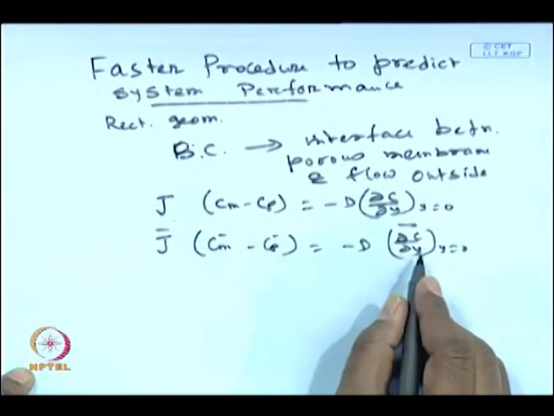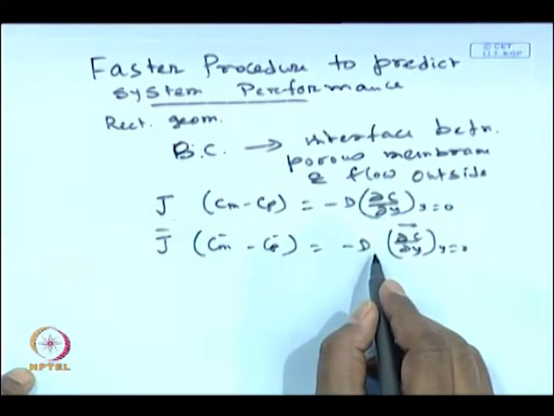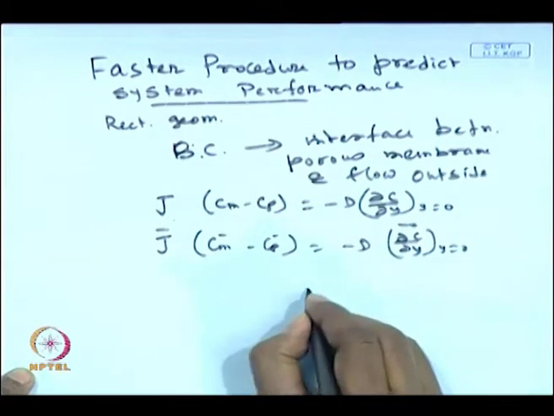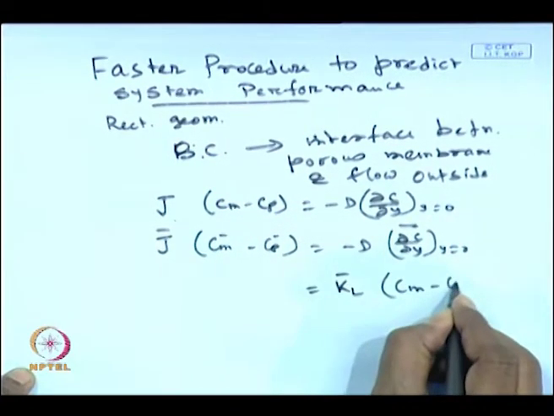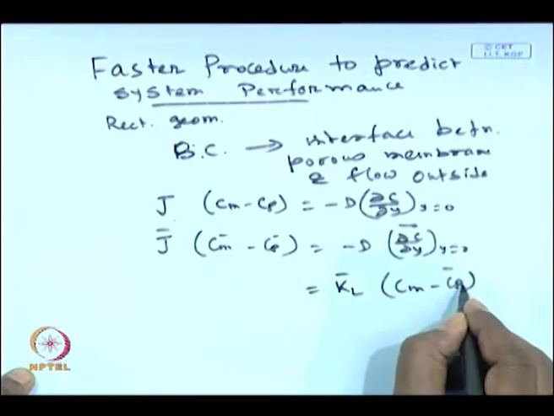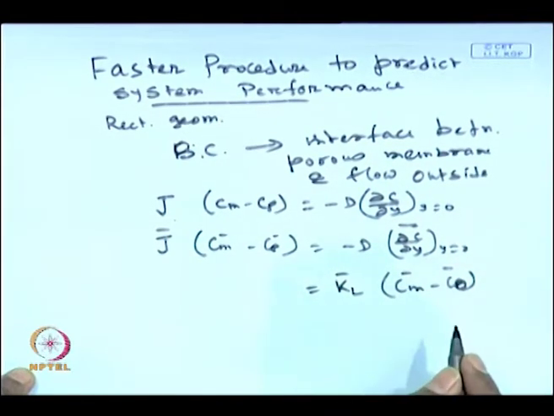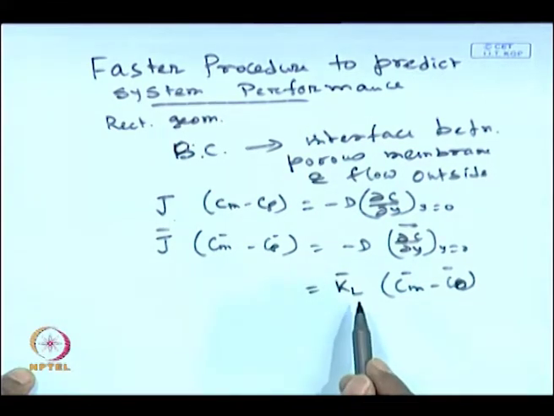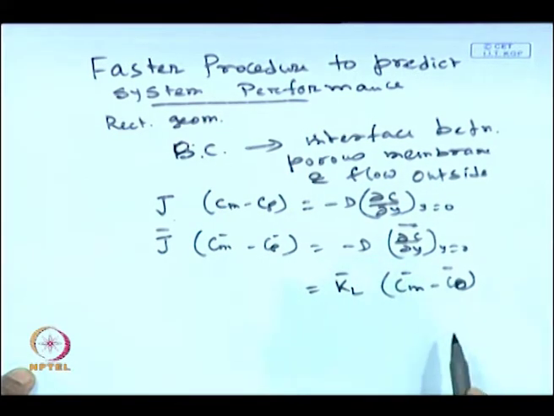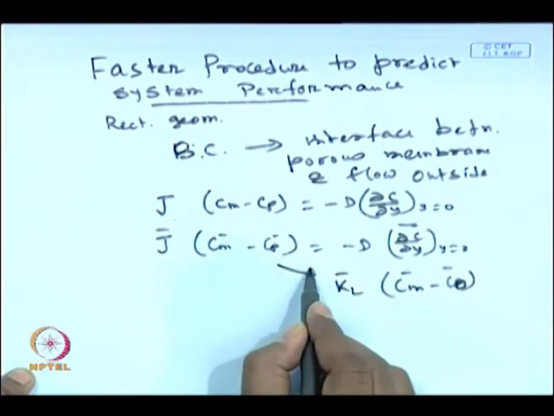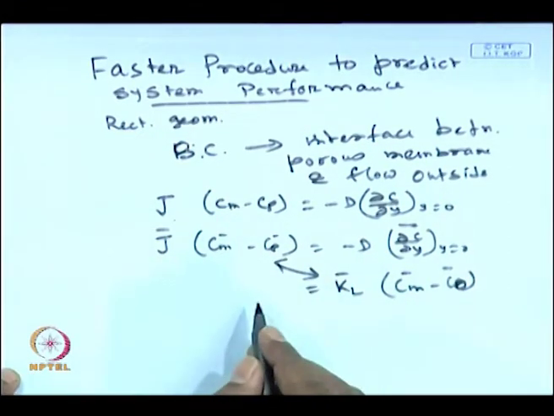And if you look into the definition of mass transfer coefficient, this will be nothing but KL bar times Cm minus C naught, right. We have just in the beginning of this class written the definition of mass transfer coefficient. KL is equal to minus D del C del y at y equal to 0 divided by Cm minus C naught. Okay. So now you take these two relationships and see what you get.